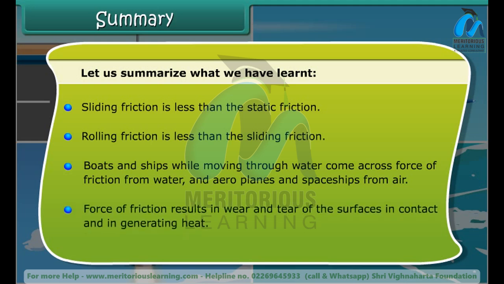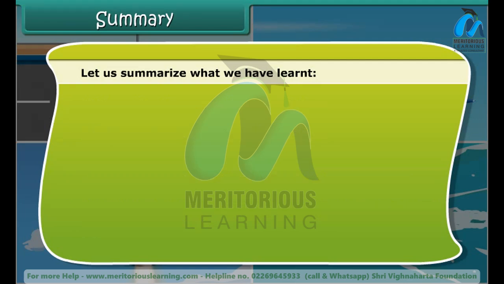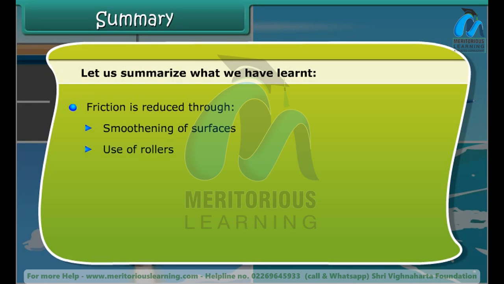Force of friction results in wear and tear of the surfaces in contact and in generating heat. Friction is reduced through smoothing of surfaces, use of rollers, ball and cylindrical bearings, lubrication of parts in motion, and streamlining.